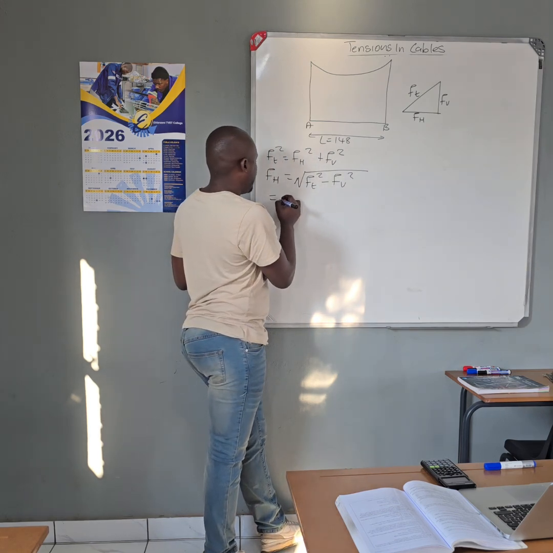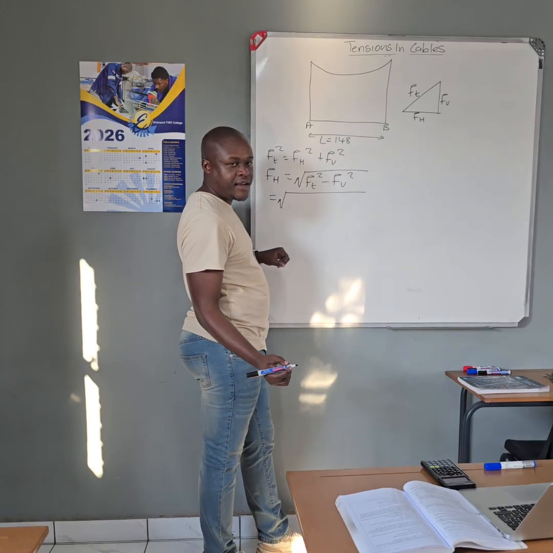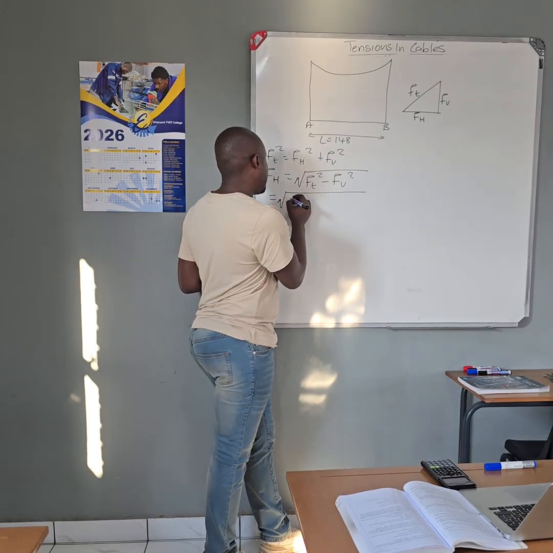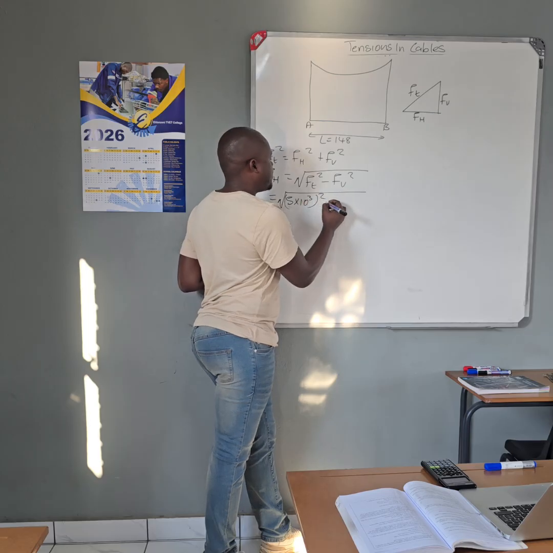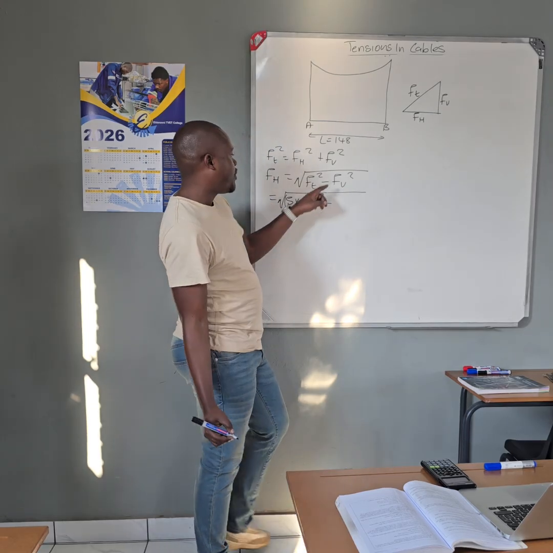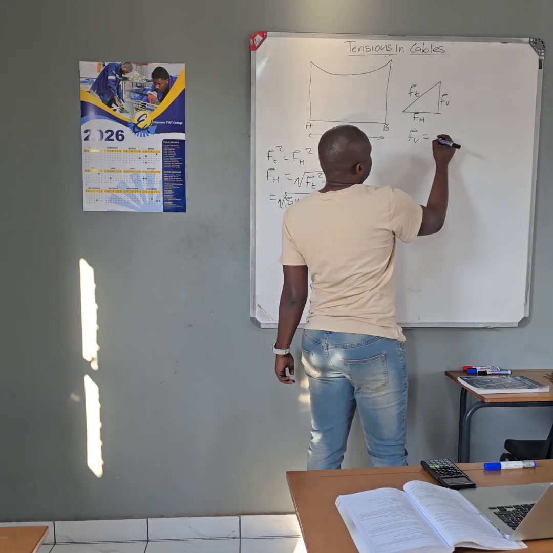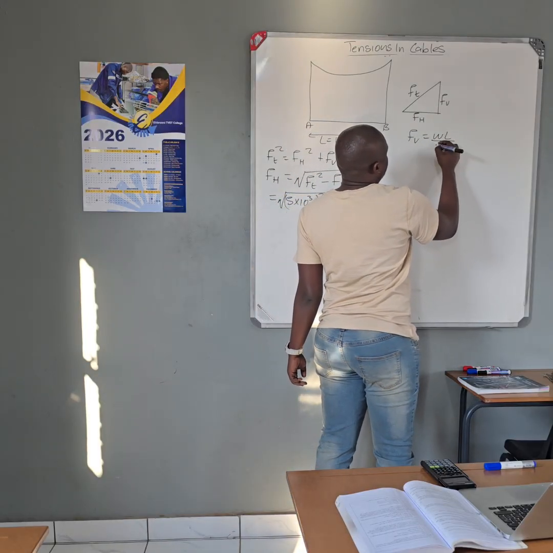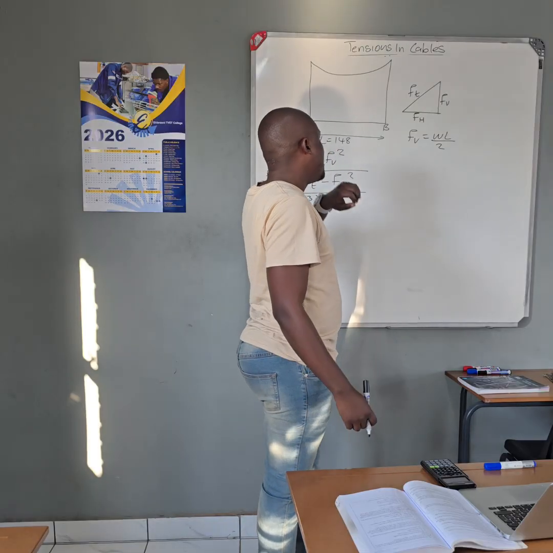Then, what is FT? We just said that this was 5 times 10 to the power of 3, all this squared, minus FV. FV is equal to what? All this divided by 2.